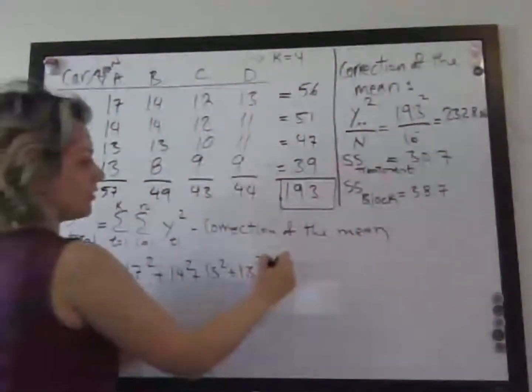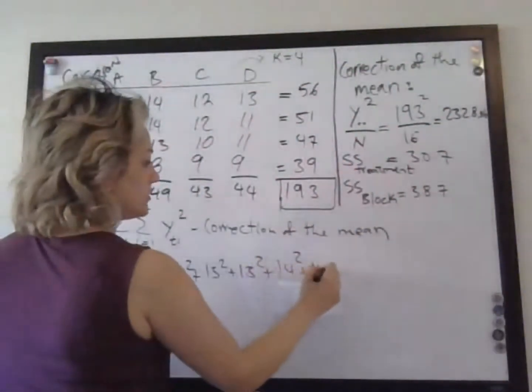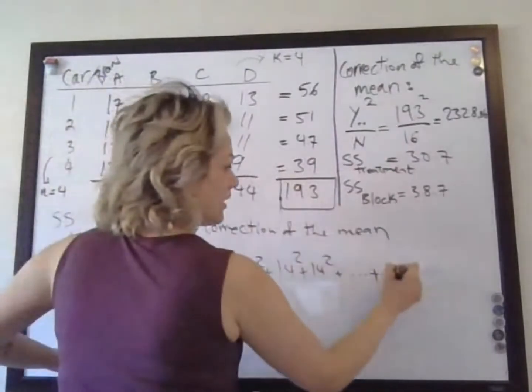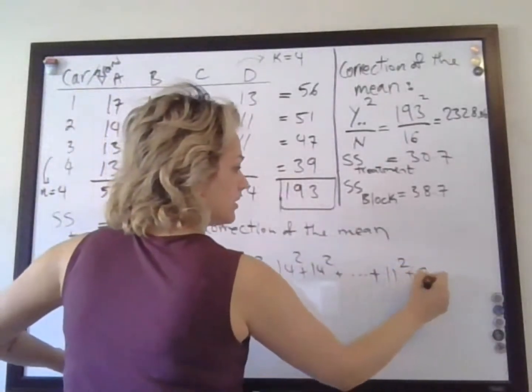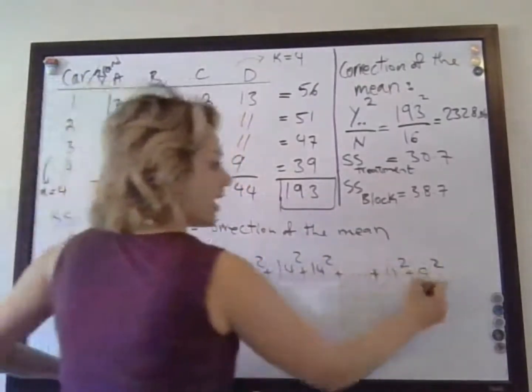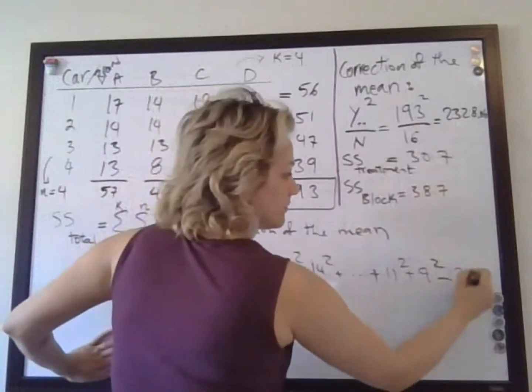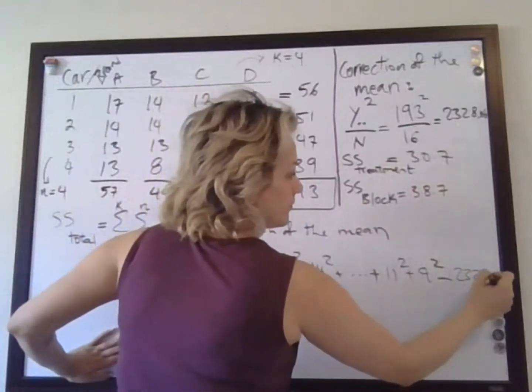We're going to add all of them, until we reach the last one, 11 squared, and then minus the value of the correction of the mean, which was 23.28.